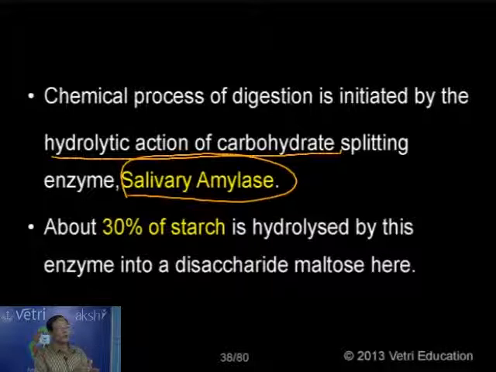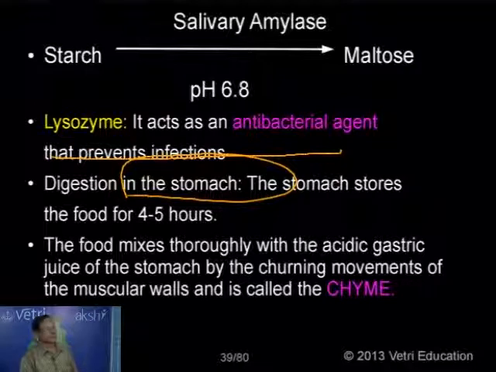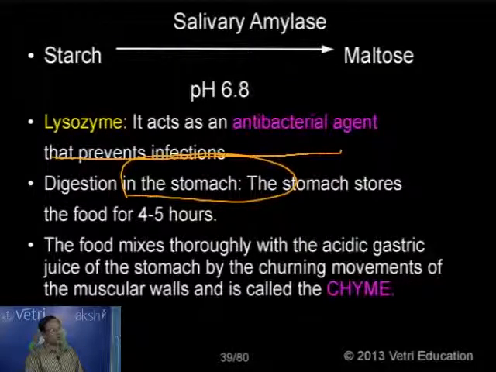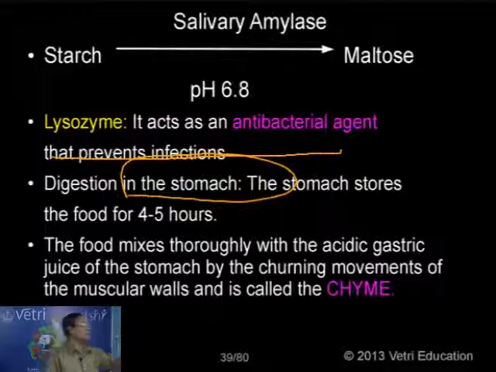What is happening? The complex sugar, the polysaccharide, namely starch, is being broken into a disaccharide called maltose. We are taking enough complex sugar in the form of starch, mostly found in vegetables and also in rice, and that is broken into a disaccharide by salivary amylase at a pH of 6.8.